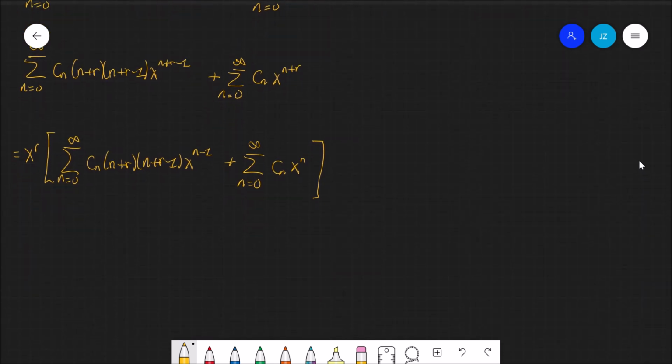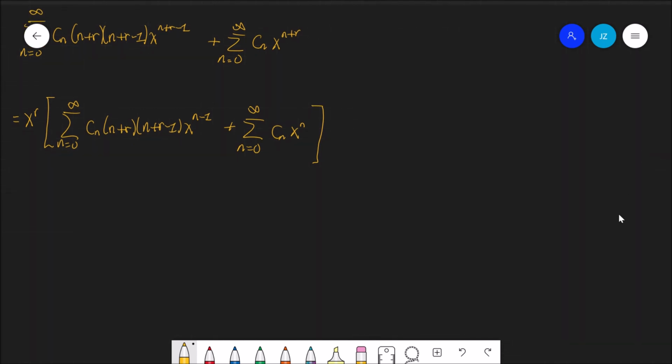We need to write the first sum so that the first term, x has power of 0. So we pull out the n equals 0 term. Then the sum will start at 1 and go to infinity.